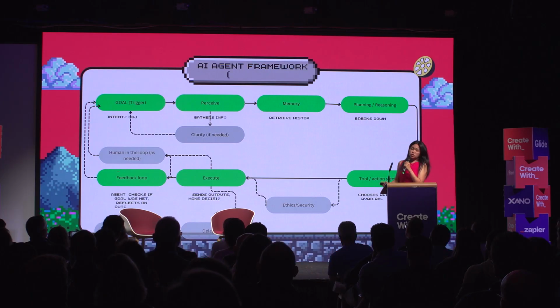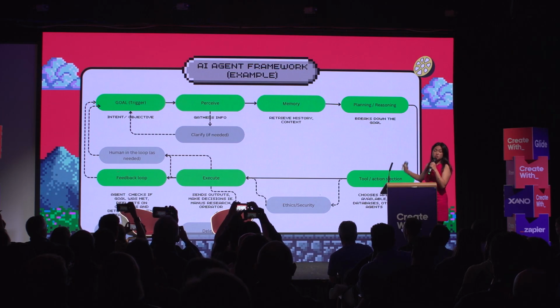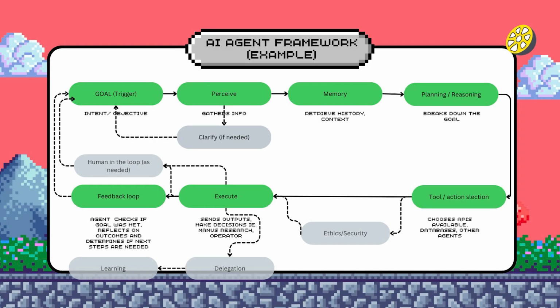An AI agent workflow, on the other hand, involves other things. Again, this is just a basic example. But in an AI agent flow, you still have a trigger, more often than not. It could be time-based, it could be input, or an objective, a goal.